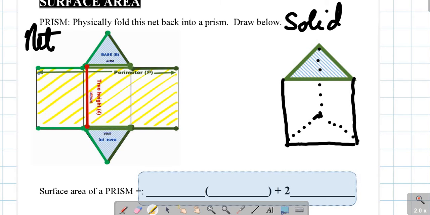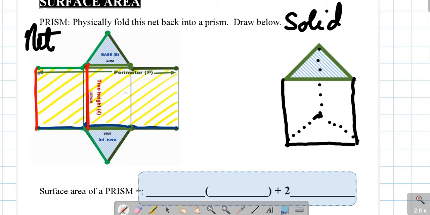So here's the shortcut. We know in this case the area of the rectangle would be base times height. This would be base times height.